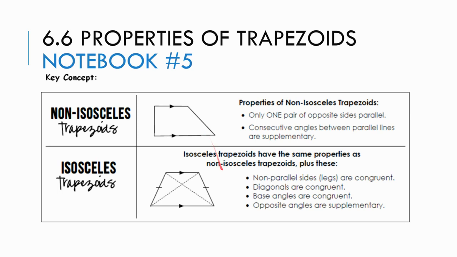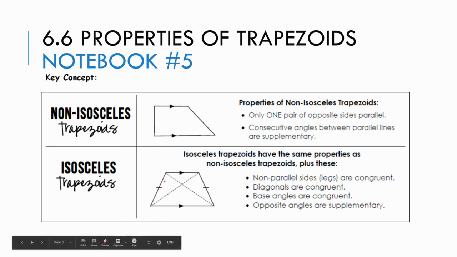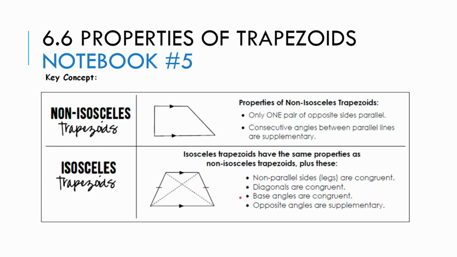Then we can go down to the isosceles trapezoid. It has those same two properties: only one pair of opposite sides is parallel, and the consecutive angles are supplementary. And then it also has these four.